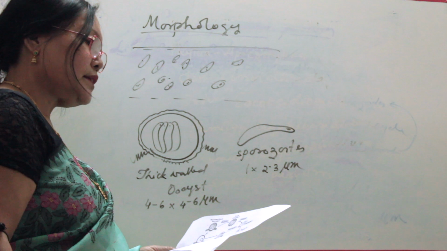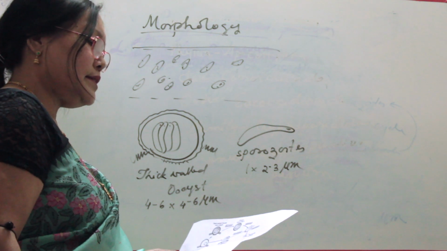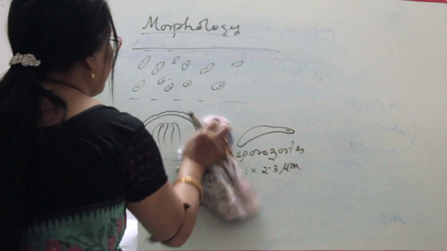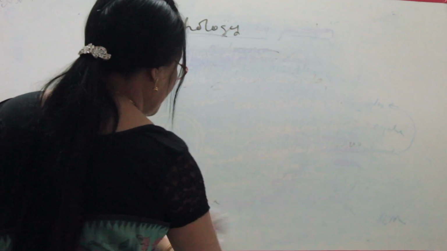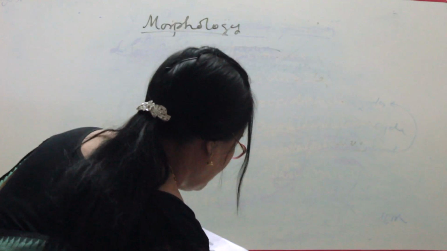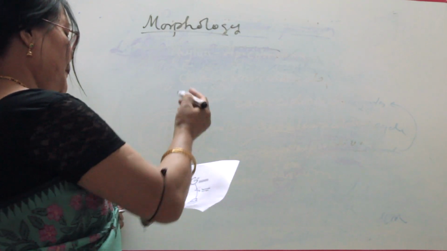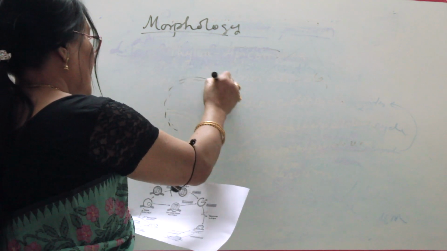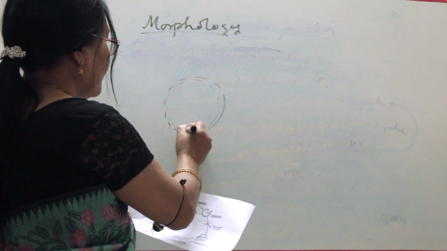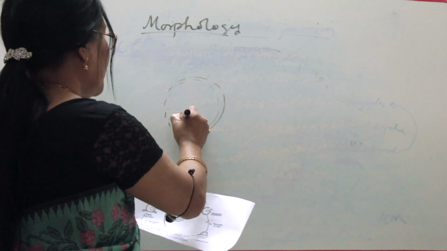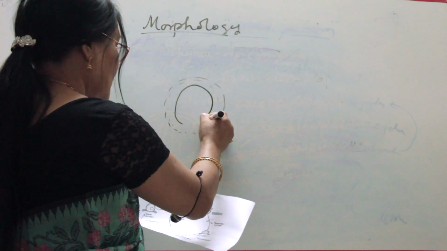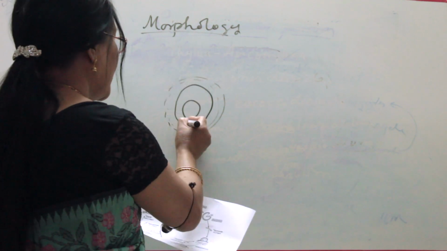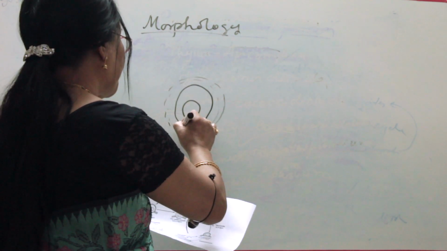Then the next stage is the trophozoite. The trophozoites have a slightly rounded body, and there is some area where the internal structures are developed.